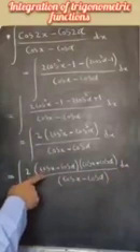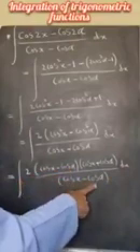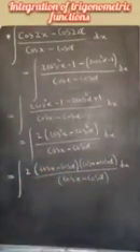Now, in numerator we have cosine of x minus cosine of alpha. In denominator we have cosine of x minus cosine of alpha. So their quotient will be equal to 1.